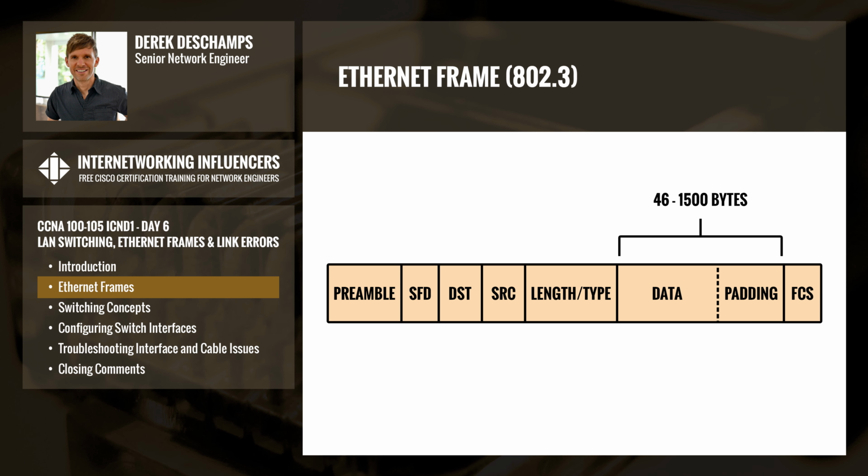If there is not 46 bytes of data to be transmitted, padding will be added to the end to increase the size to 46 bytes. The frame check sequence, or FCS field, is used by the destination host to determine if the frame was damaged during transmission.